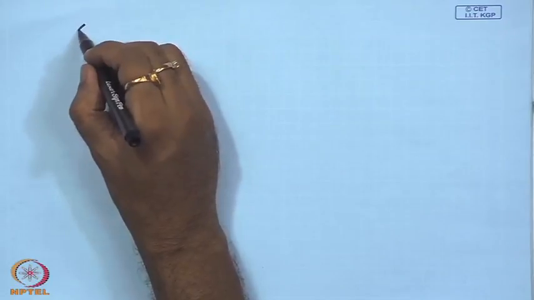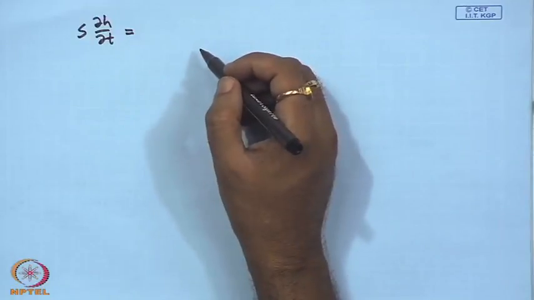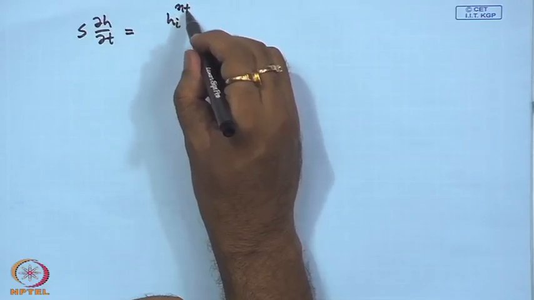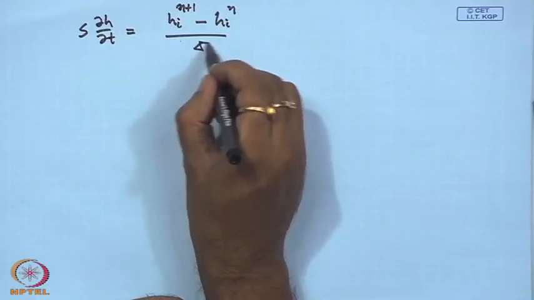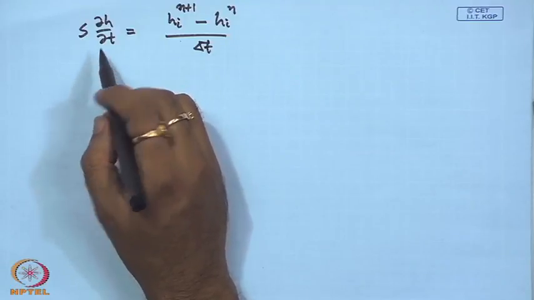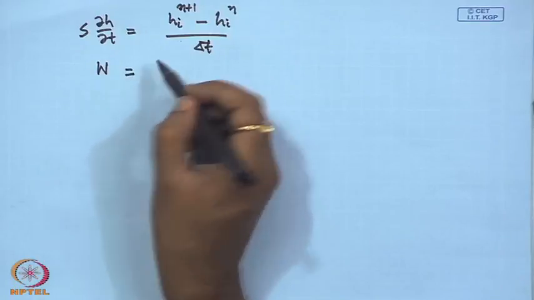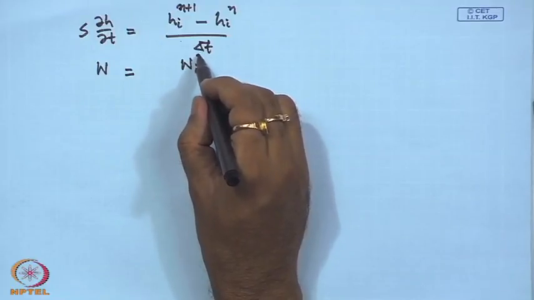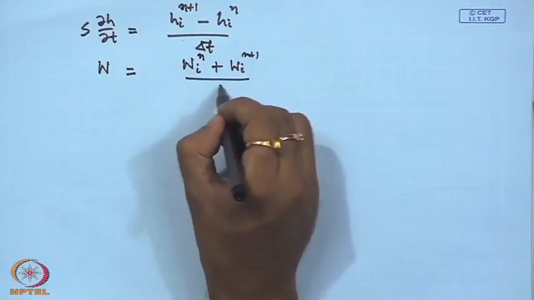If we discretize this time dependent or transient term, it is h i n plus 1 minus h i at the nth level, divided by del t. Also we can discretize W, that is the average between the nth level and the n plus 1 level.